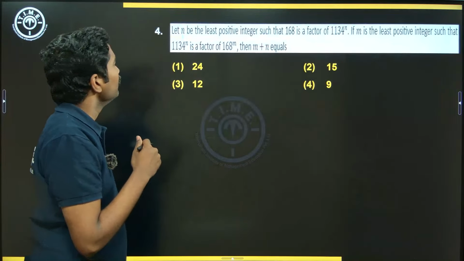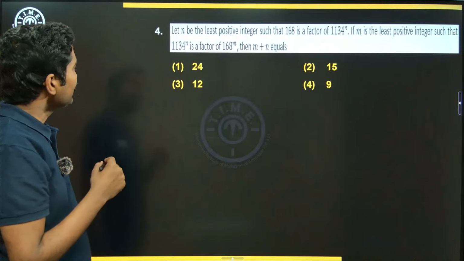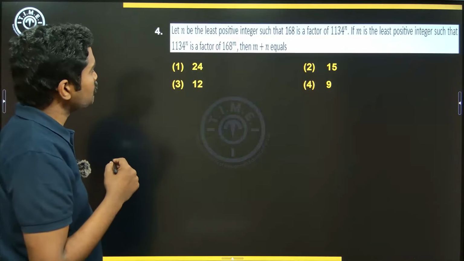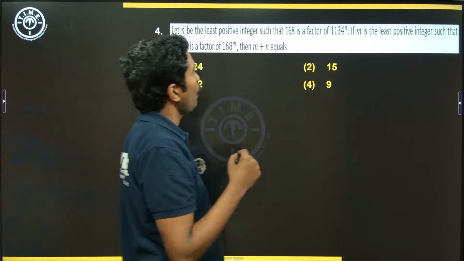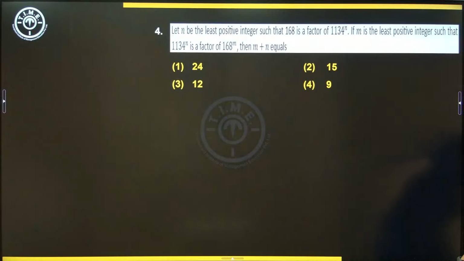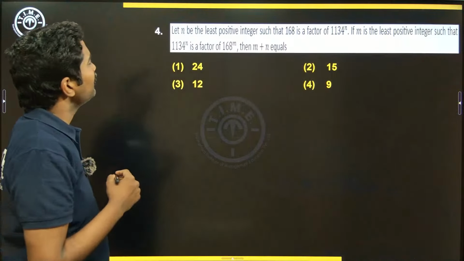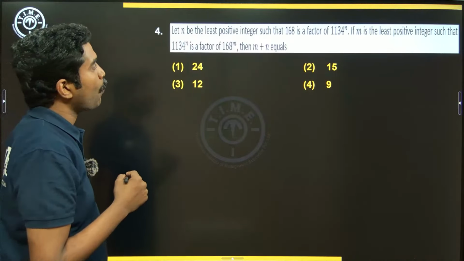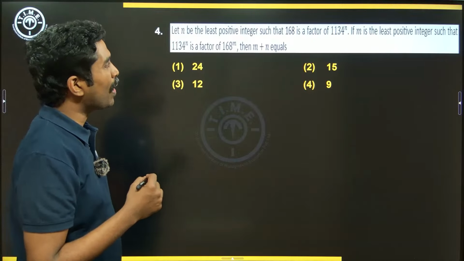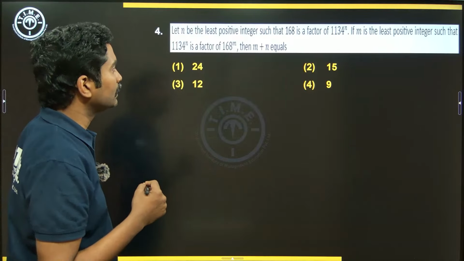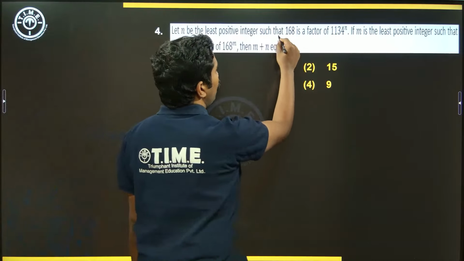All right. Next question. Let n be the least positive integer such that 168 is a factor of 1134 power n. Hi Naman, thanks for joining in. Okay, what is 168?